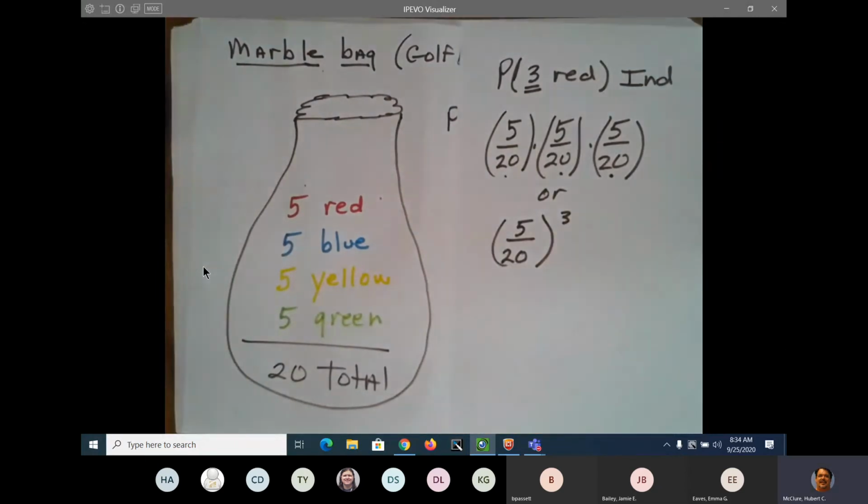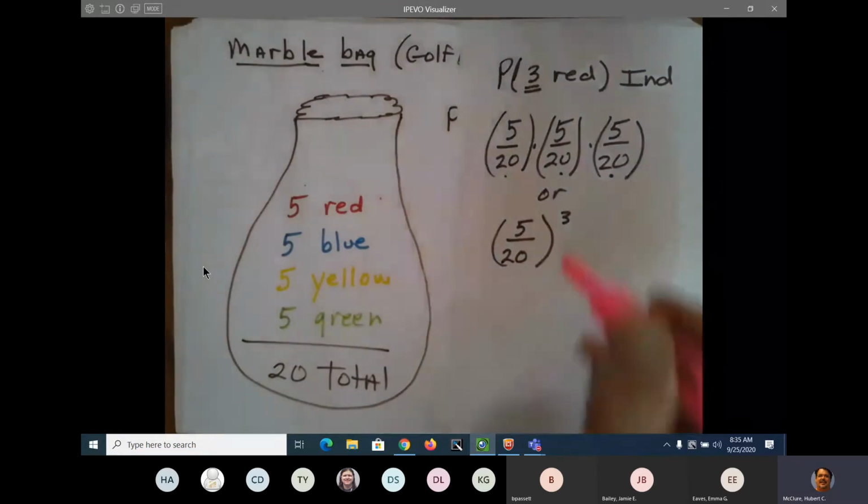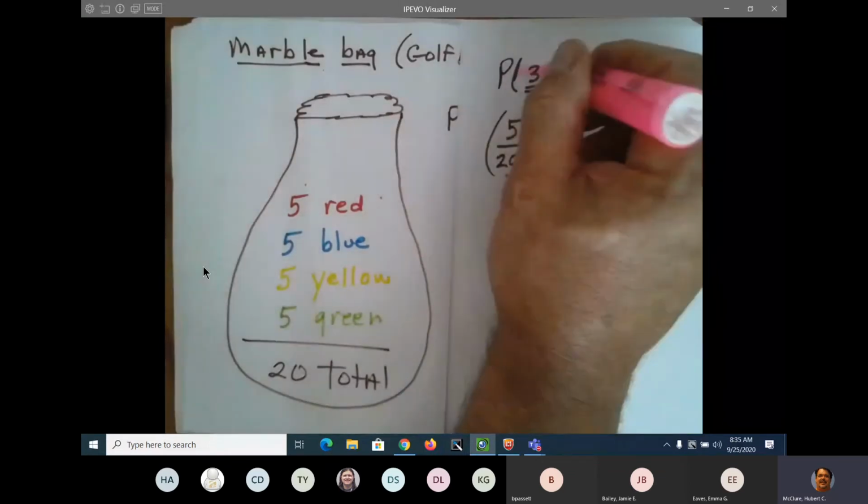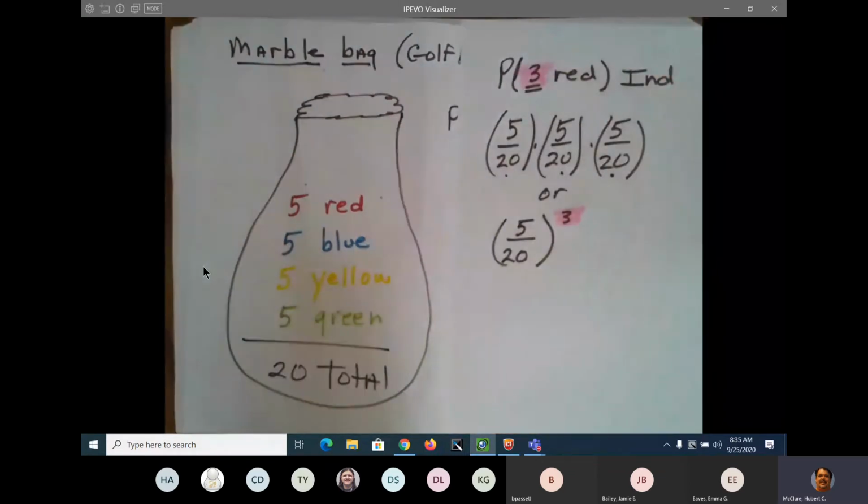And that 3rd power, take your highlighters out, that power is always going to match how many draws. So if I said, what is the probability of 4 red marbles? Then that would be 5 over 20 to the 4th power.